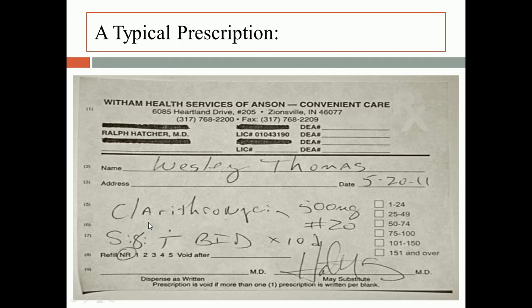So from the date, and why the date is important, again we come back here. The drug itself is written, which drug he has prescribed. It is clarithromycin, 500 mg. How many? 20. This is the total number of tablets the patient is supposed to take. And what would be the frequency?